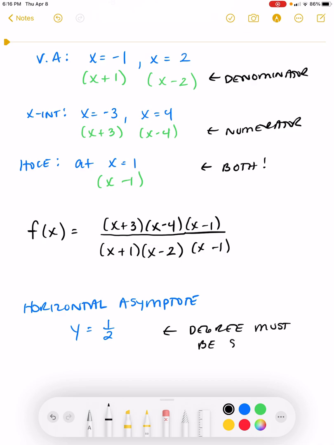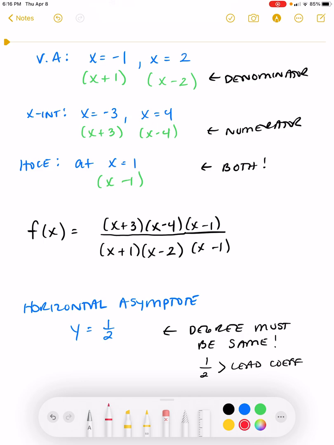Okay, if we look over our rules for the horizontal asymptote, if the degree is bigger on the top, then there's none. If the degree is bigger on the bottom, then the asymptote would be y equals 0. But if the horizontal asymptote is a fraction, then it's because the degrees are the same. And the 1/2 is the leading coefficients. All right, so these are the leading coefficients of the numerator and the denominator.